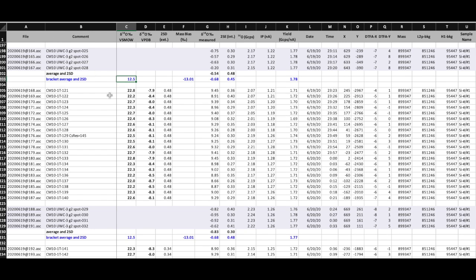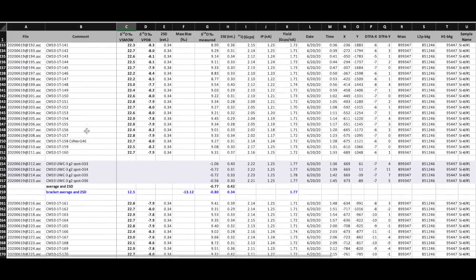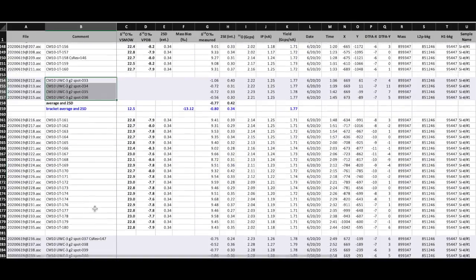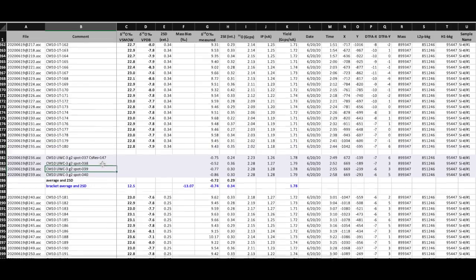So we know this calcite grain has an oxygen isotope value of 12.5. Therefore, based off how the machine is measuring the oxygen isotope value of the standard grain, we're able to calibrate the oxygen isotopes of our sample. So this is a necessary step of the SIMS. Every 20 measurements, we make 4 more standard measurements.